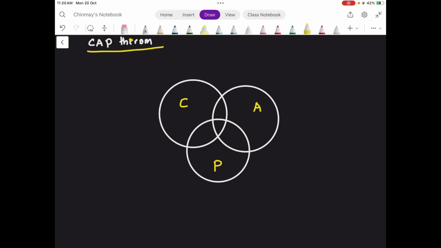The combination of C and A denotes a CA system. The combination of C and P denotes a CP system.